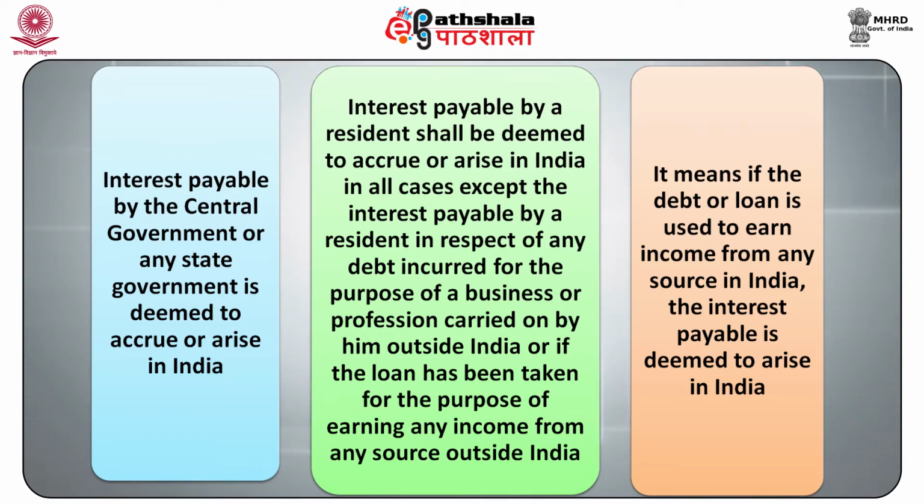Second, interest payable by a resident shall be deemed to accrue or arise in India in all cases except the interest payable by a resident in respect of any debt incurred for the purpose of a business or profession carried on by him outside India, or if the loan has been taken for the purpose of earning any income from any source outside India. It means if the debt or loan is used to earn income from any source in India, the interest payable is deemed to arise in India.